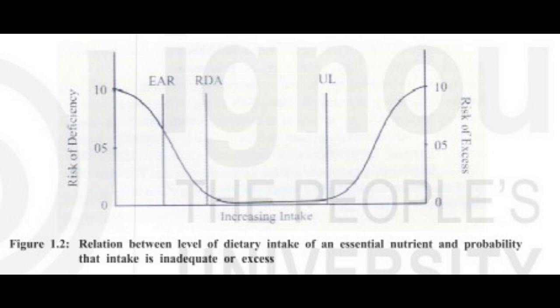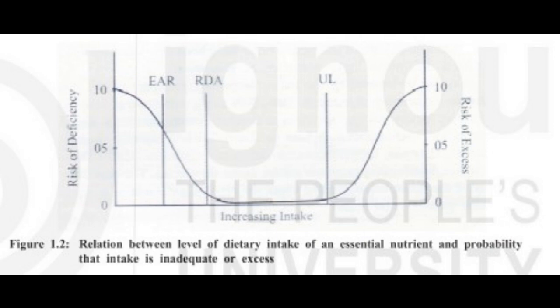Why this concept is not used in deriving energy requirements is discussed in Unit 2 on energy requirements. Look at the screen: Figure 1.2, relation between level of dietary intake of an essential nutrient and probability that intake is inadequate or excess.